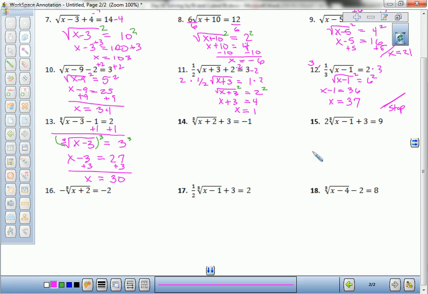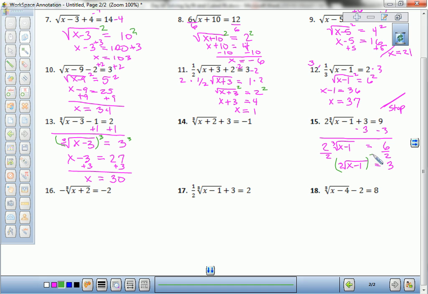I'm going to do number 15 with you, and then I'm going to let you finish these off. I noticed while I was walking around, some of you got ahead of me. You already know what you're doing. So we're going to move the 3 on this one, and we get 6. And then we have to divide by the 2 so that we can completely isolate the radical. Once we've done that, then we can undo the radical.